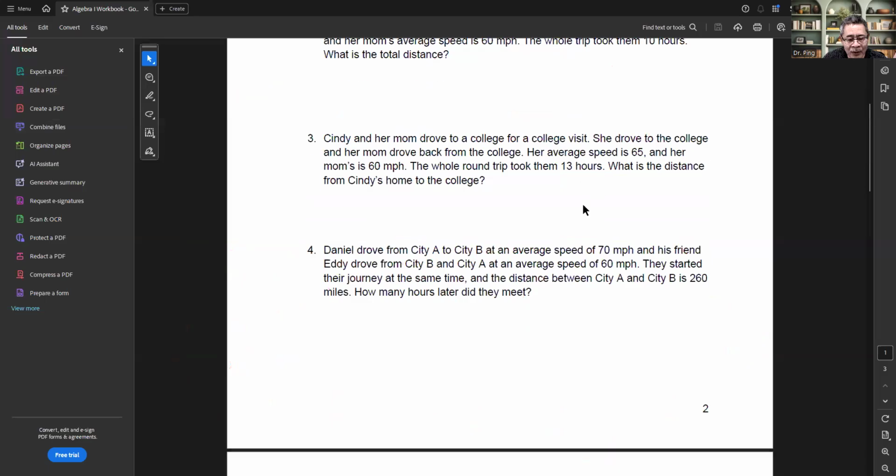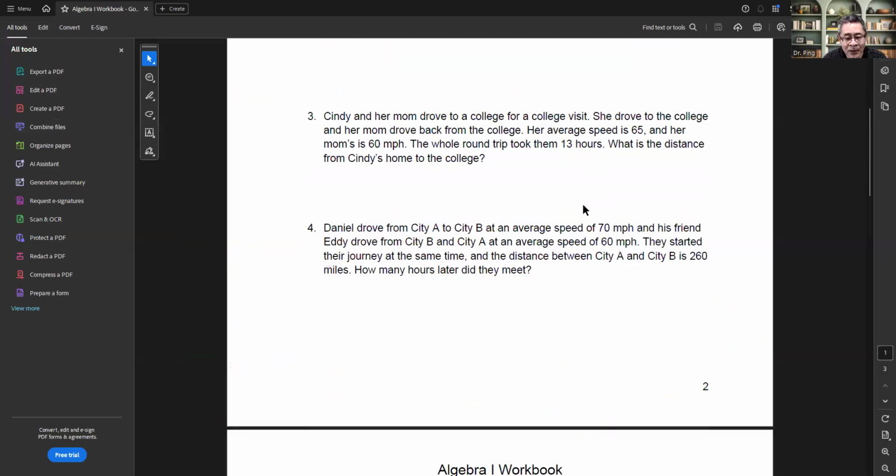Now we're looking at 3. Number 3, Cindy and her mom drove to a college for a college visit. She drove to the college and her mom drove back from college. Now this is basically the same type of problem as the first one. So we go Cindy's home to college, and down here she drove there and drove back.